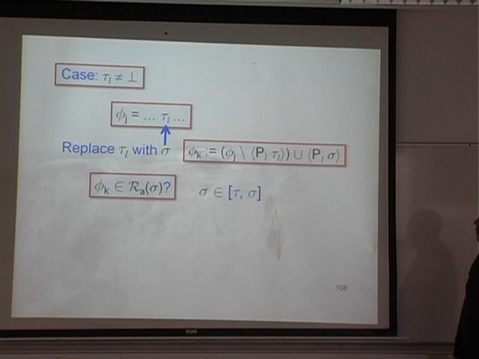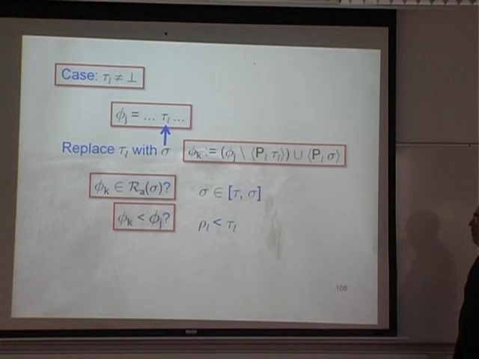Then we need to check, first of all, that the simplex, the facet that we've defined, really is in the complex. But that's true because sigma is certainly in between tau and sigma, by definition, because it's inclusive. So we know that we're OK.